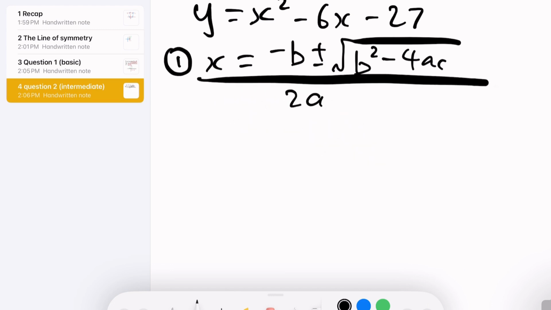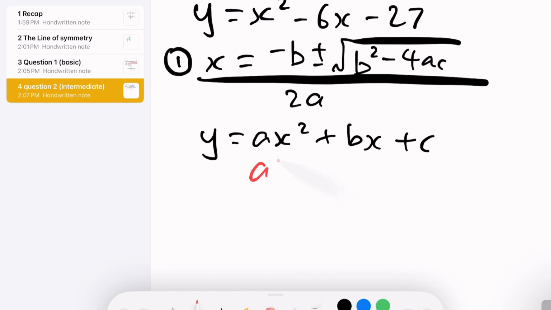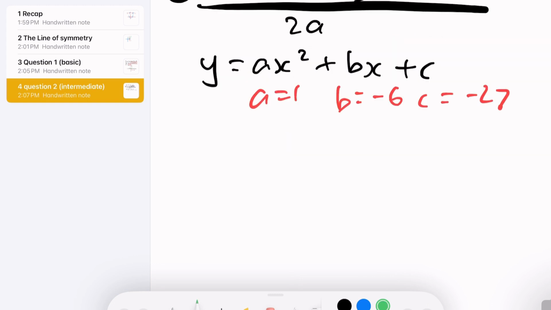The a, b, c of the quadratic formula, you can get more easily by comparing the above equation with the standard form. So you can see over here that a is 1, b is equal to -6, and c is equal to -27. So we're going to sub in the values of a, b, c into the quadratic formula.